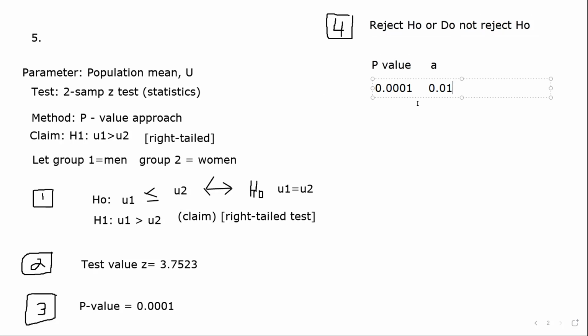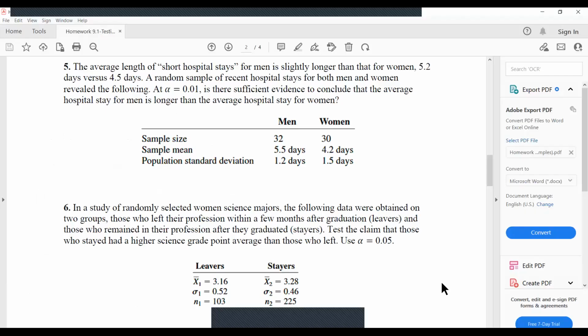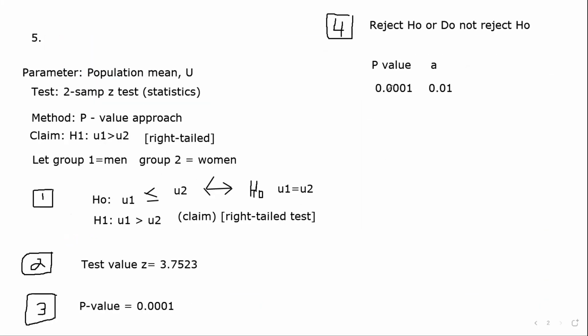Be a little bit careful. There's a lot of zeros floating around. Let me verify that that's what our alpha is actually. Yeah, alpha 0.01 for number 5. So when you're comparing here, you get to the 1 in alpha before you get to the 1 in the p-value.